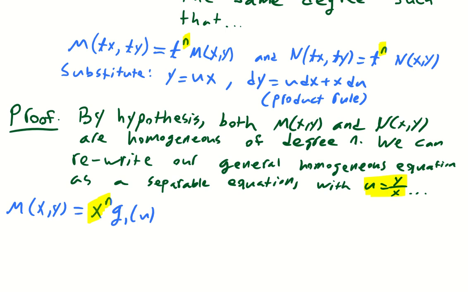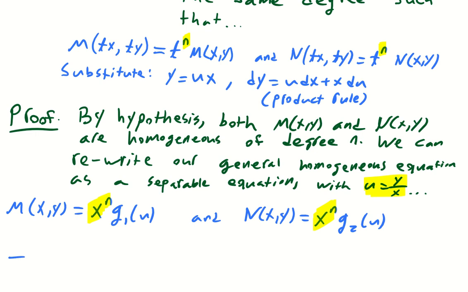Otherwise we couldn't do it with a homogeneous equation. Okay. And N(x,y) is going to be equivalent to x to the n power times g sub 2 of u. And again, we're able to factor out x to the n power. It could also be y to the n power. Okay, same kind of idea.